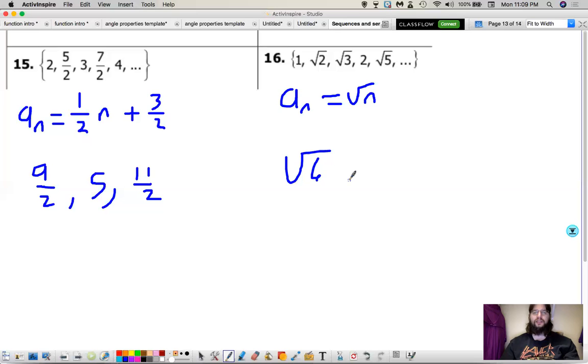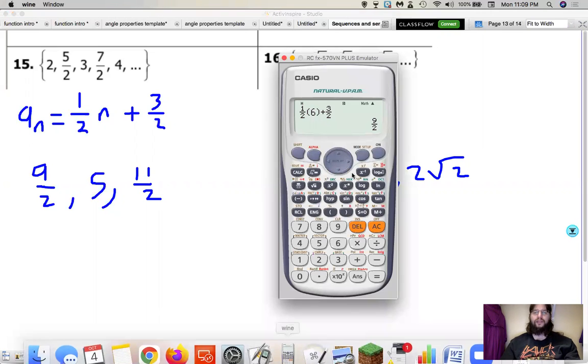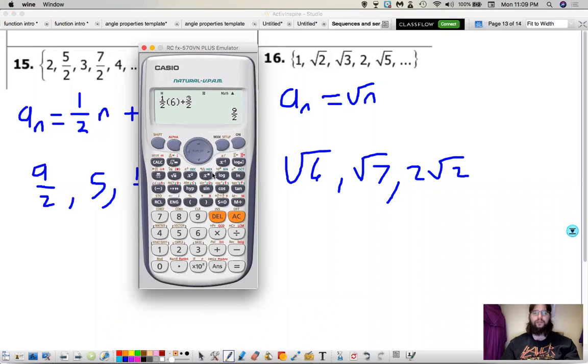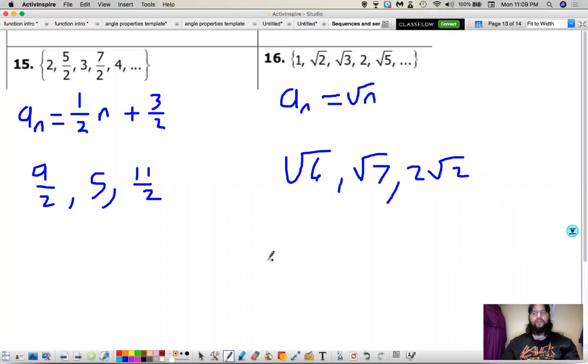Square root of 6. Square root of 7. And then 2 square roots of 2. What? Yeah, square root of 8. Don't forget to simplify. If you don't know how to simplify, your calculator does. Square root of 8 is 2 square roots of 2. Okay, is that it? I think that's it.